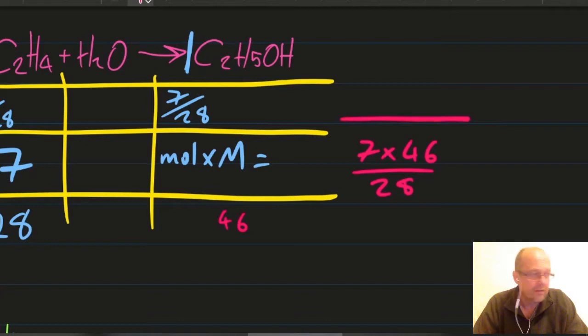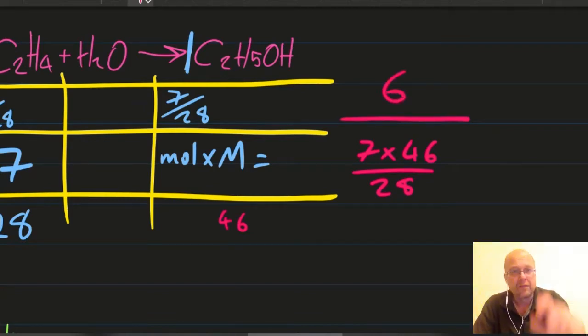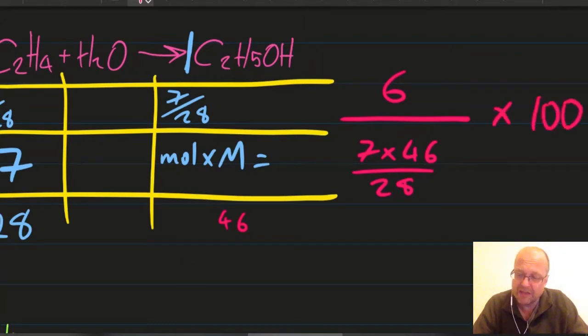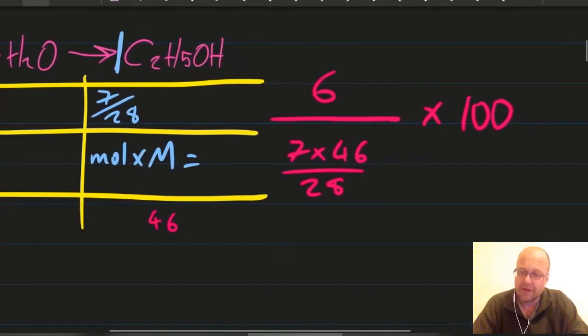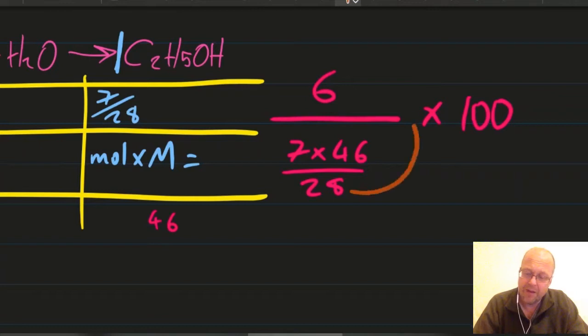Okay. Is it 7 grams? No, 6 grams. So experimental over theoretical times 100. That's going to be my yield. So I'm going to multiply that by 100. Now that looks pretty ugly. There's no way that's going to be one of the answers. So how can I fix that algebraically? This 28, I can move it up to the top there and make it multiply by 28.